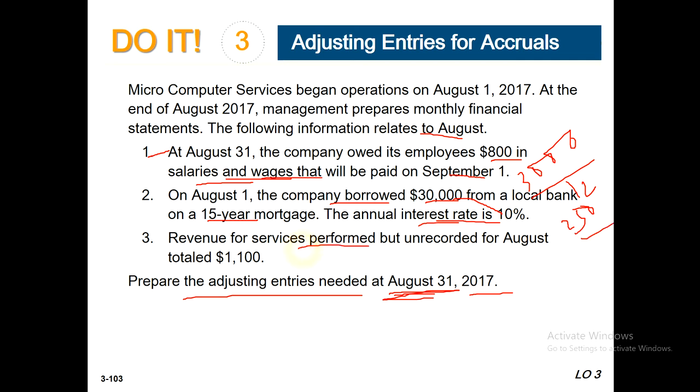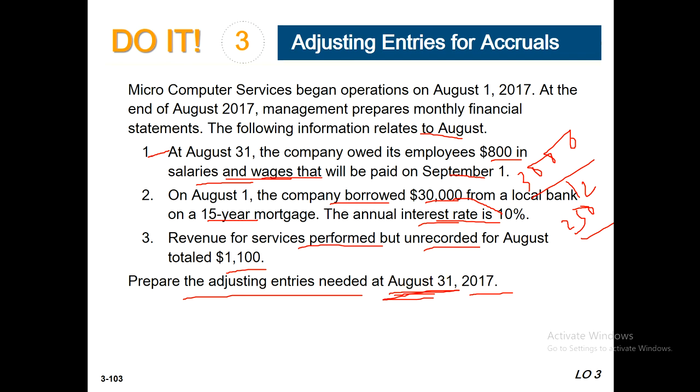And revenues for services performed but unrecorded for August total 1,100. So can you guess this transaction? Okay, I think everybody is clear on these transactions.